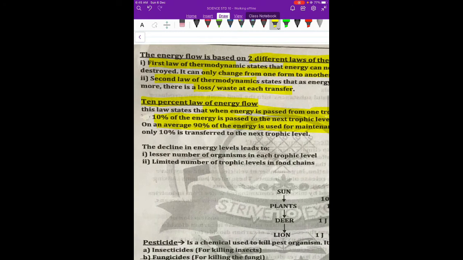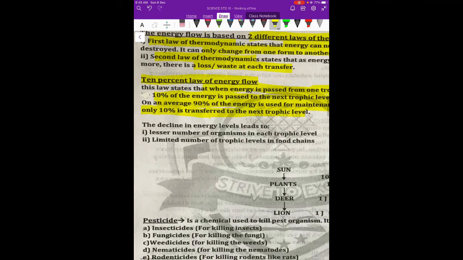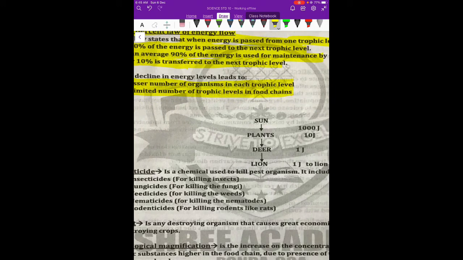Maintenance means all the biological processes, and it can transfer at the max on an average 10%. So due to this decline, what can happen? First, you will find that there are fewer organisms in each trophic level. As we go up, the number of organisms decreases. What is the second thing? There are only a limited number of trophic levels, as we have said, a maximum of 3 or 4. That is the reason.